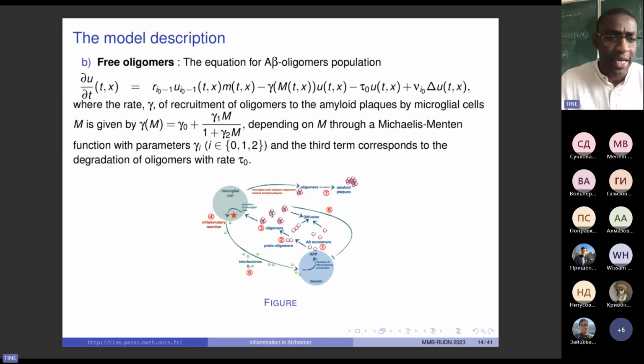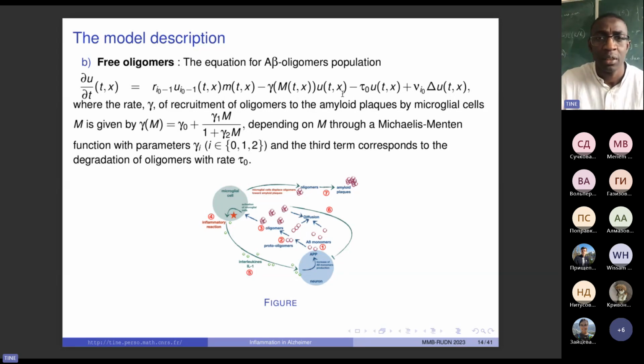Let me come back to what I said before. Here, for the free oligomers, that means oligomers that are not in the plaque at all, the formation of these free oligomers depends on just proto-oligomers of size I0 minus 1. When they gain one monomer, they become oligomers. Also, here we have the loss of monomer because the microglia cells take oligomers and put them at the plaque.